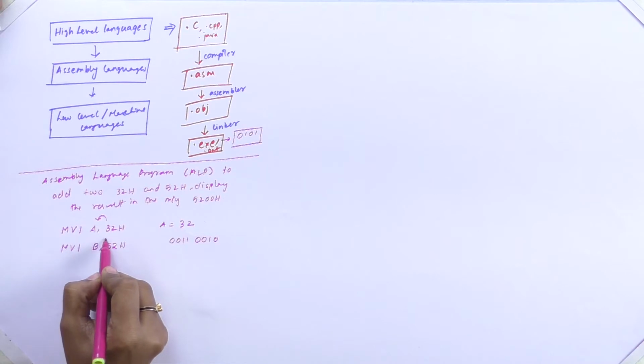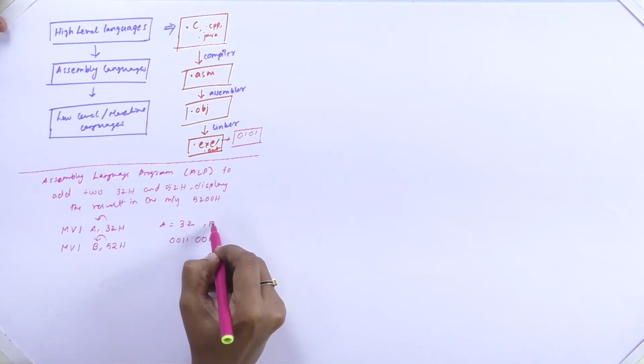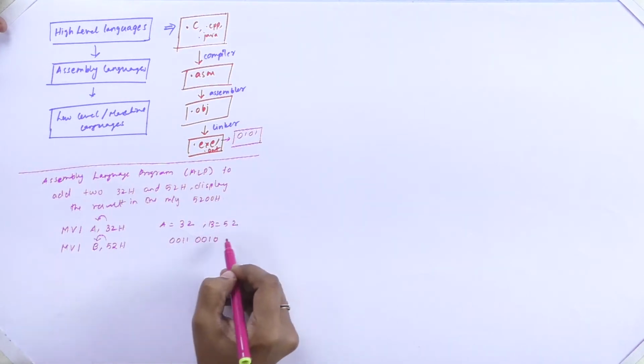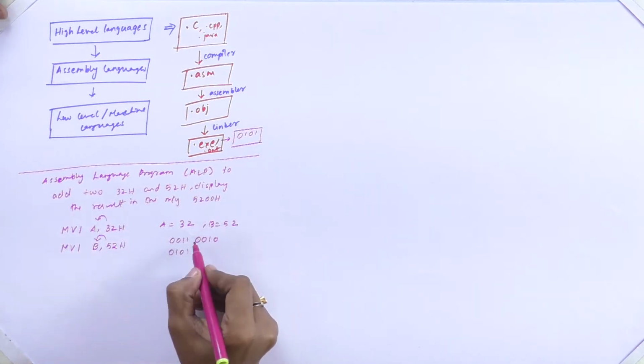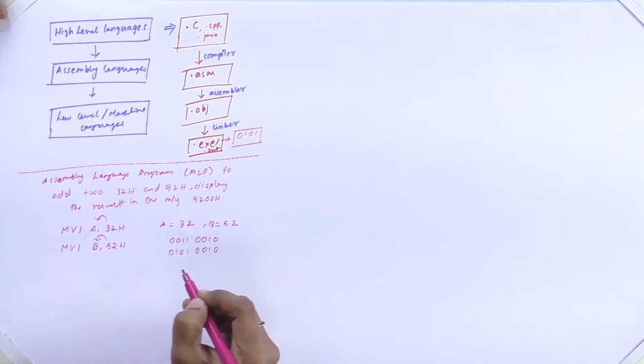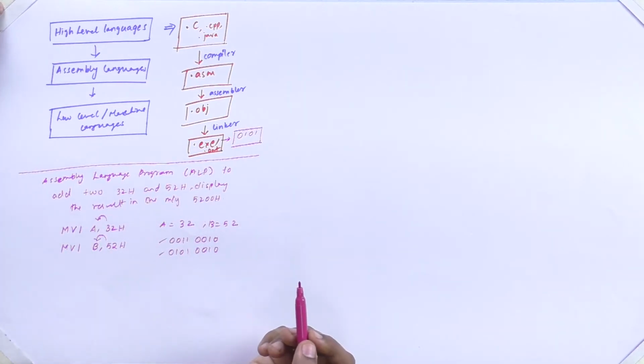Now this value 52 will be copied to register B. Now the content of B is equal to 52 and it will be stored in the binary form 0101 0010. So these are all the contents of register A and register B.